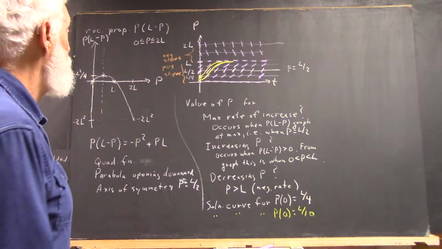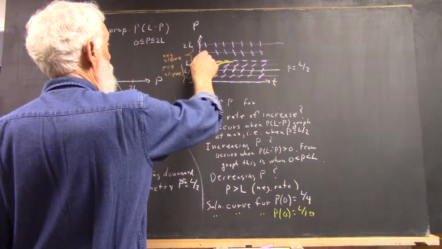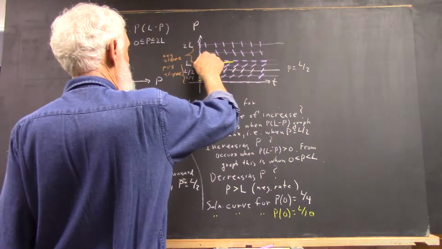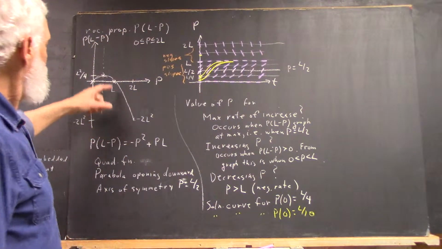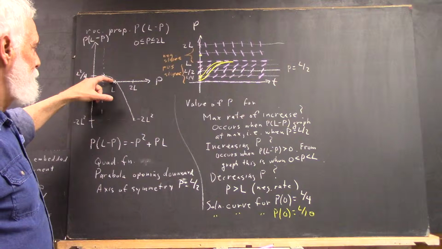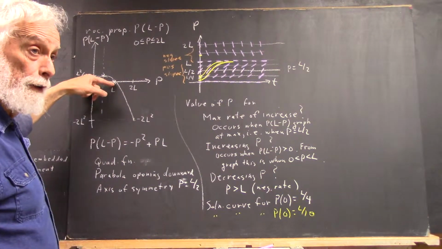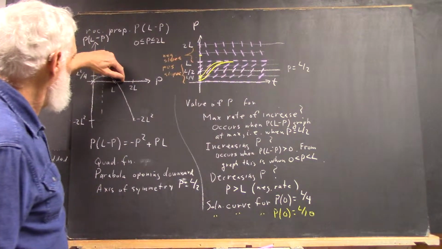Now, if we start with a population a little bit more than the limiting population, well, it's going to decline pretty steeply because remember, the graph changes a lot more between here and here than it does between here and here, right? So when we're here, that means we're really kind of like here.